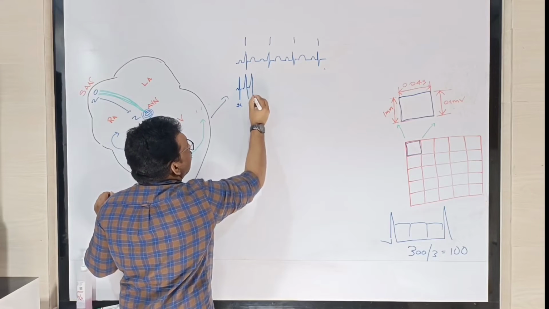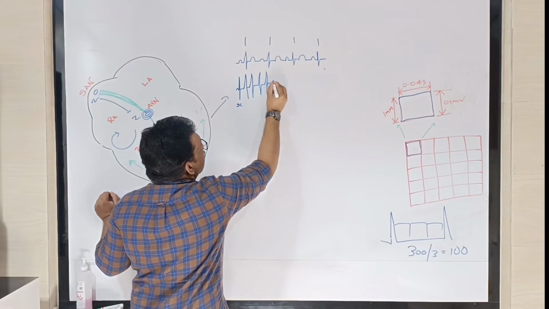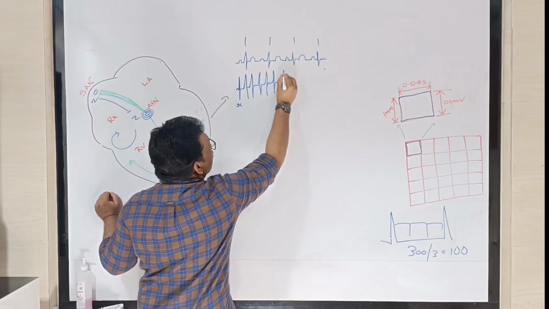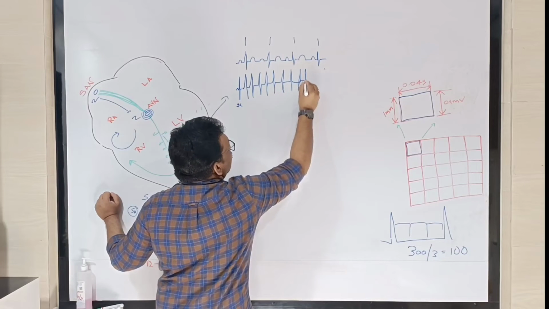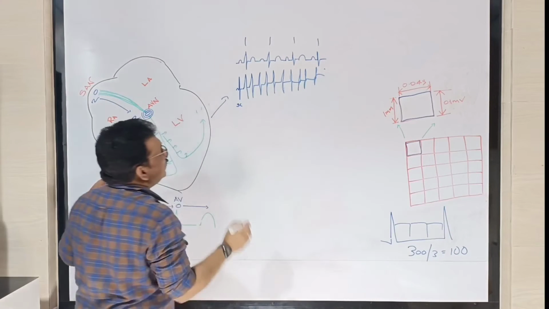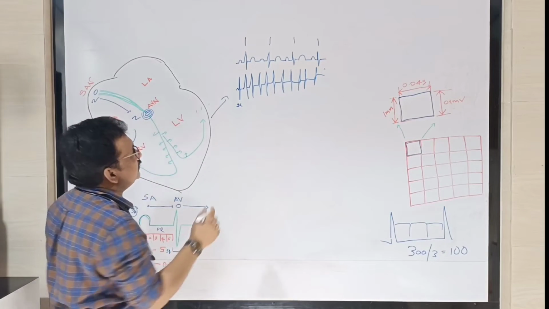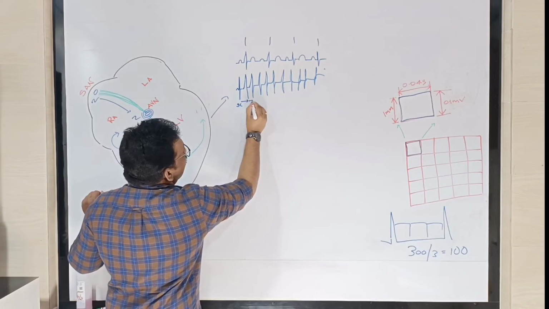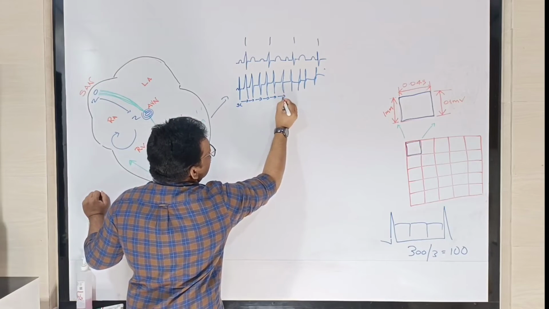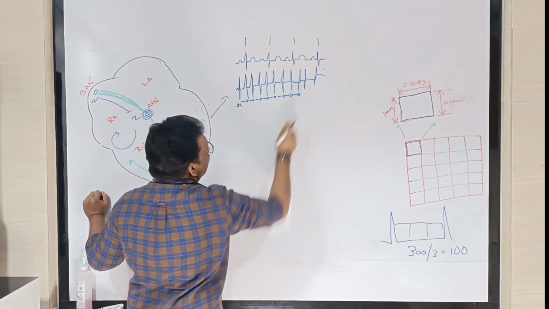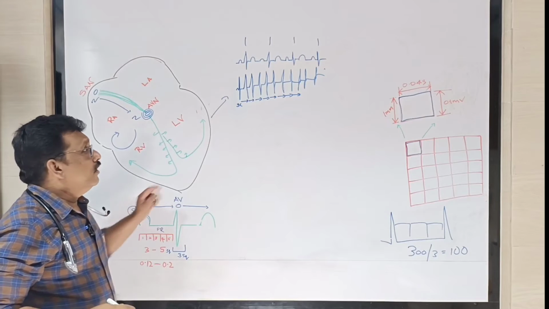So the heart rate is very high, more than 140. But what is the peculiar feature is, the RR interval is always equal. That is the main diagnostic feature of supraventricular tachycardia.